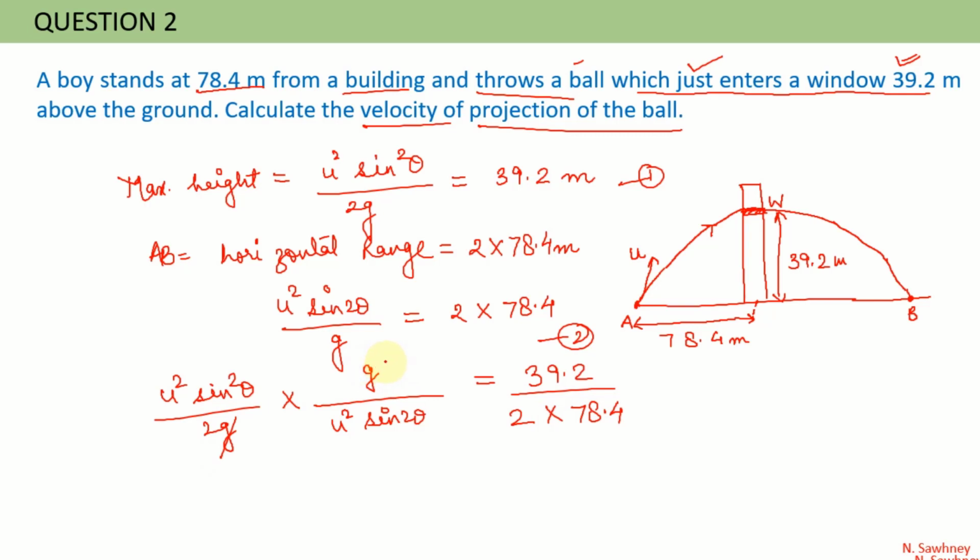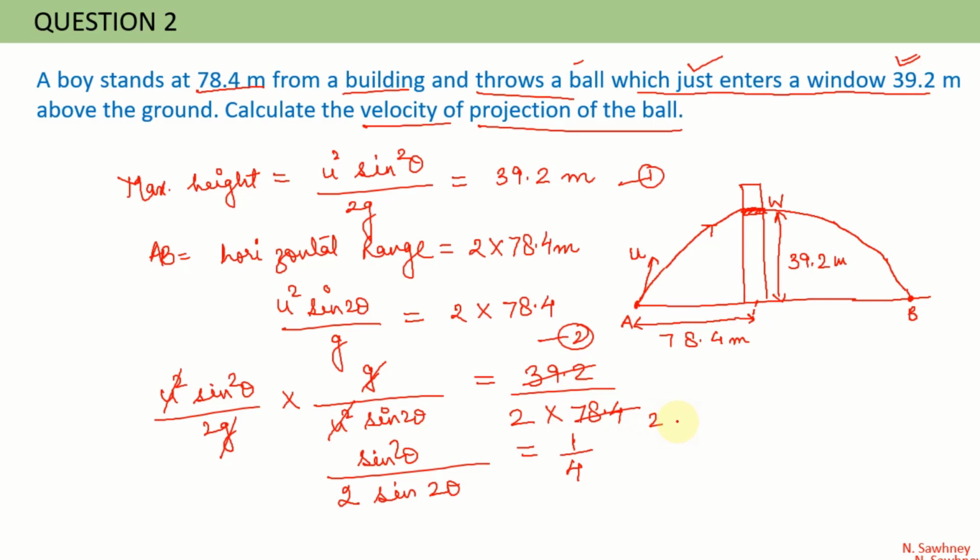Cancelling the terms, we will find that sine square theta upon 2 into sine 2 theta is equal to 1 by 4, because this will cancel by 2.